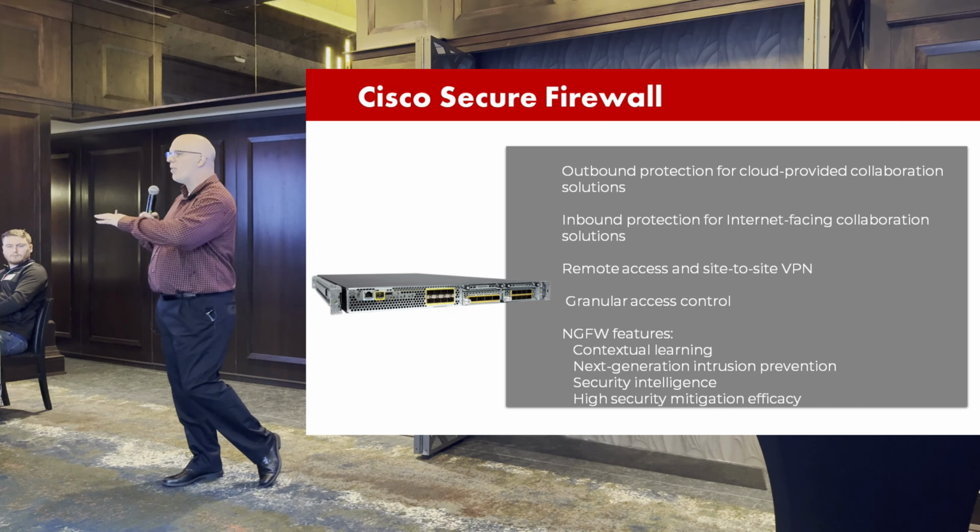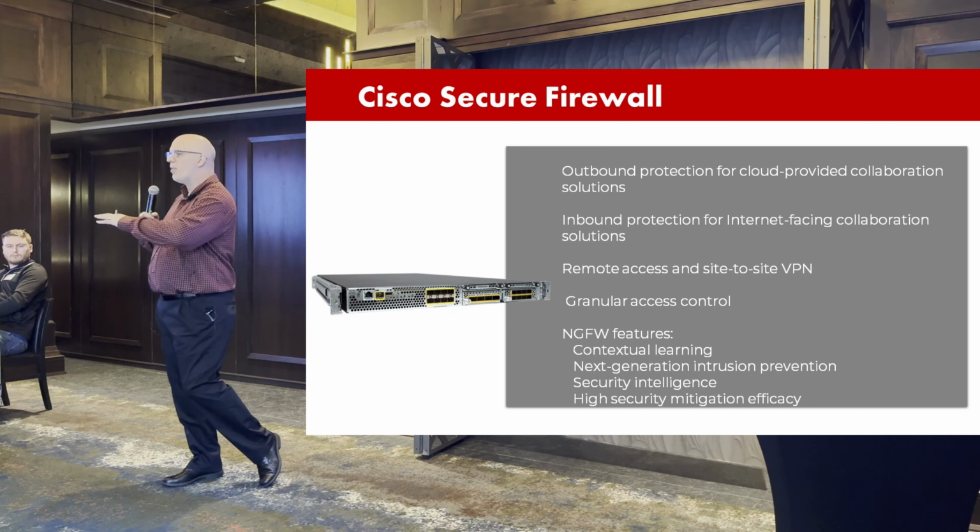So again, think of this within the context of collaboration, any of the software you have, just to make sure it's all clean and there's no vulnerabilities. Security intelligence, I touched on that, is the ability to mitigate connectivity to global malicious infrastructures across the world. And then, again, the Cisco Secure Firewall is the highest method of overall threat mitigation.